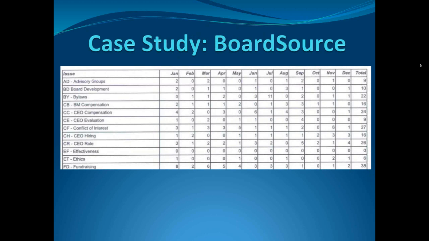And then as you go along and you start seeing what's happening in these 3 to 5 buckets, you can start broadening that if it makes sense to. I mean, in BoardSource's case here, this only shows the first page. You notice it's alphabetical, it goes from A to F. They actually had about 25 categories, but they had developed them over several years. And it started, I think, at about 8 categories.